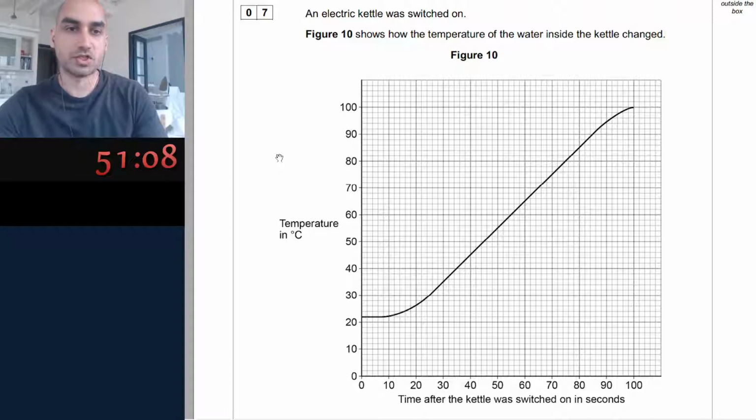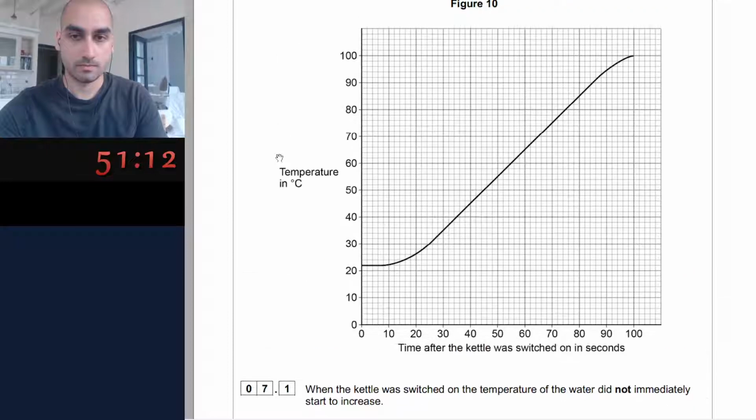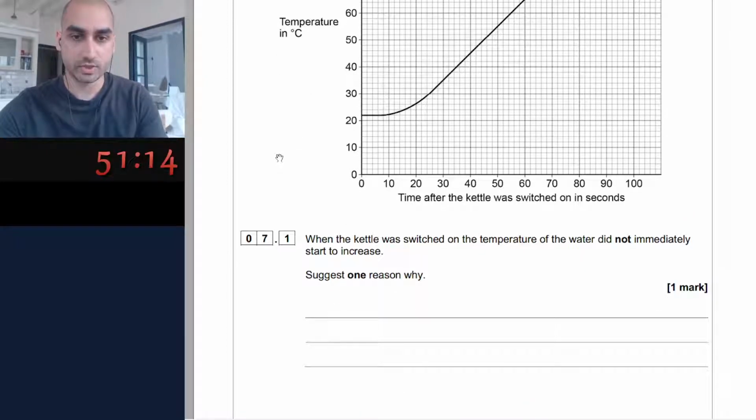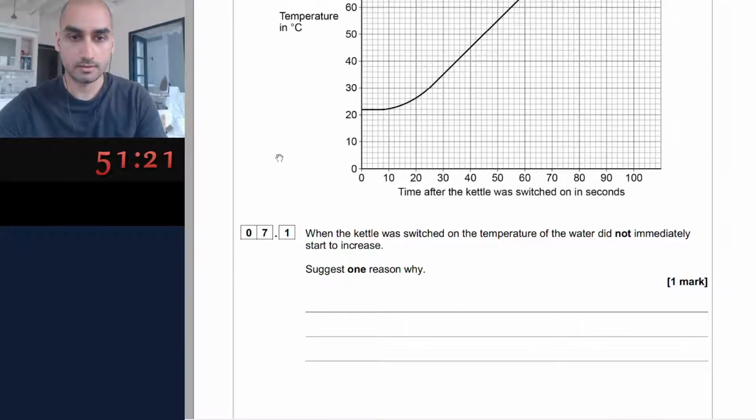An electric kettle was switched on. Figure 10 shows that the temperature of the water inside the kettle changed. When the kettle was switched on, the temperature of the water did not immediately start to increase. Suggest one reason why.